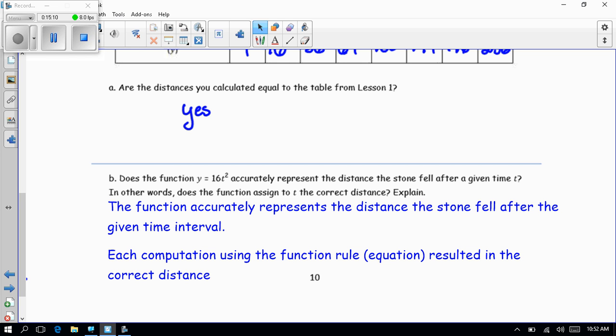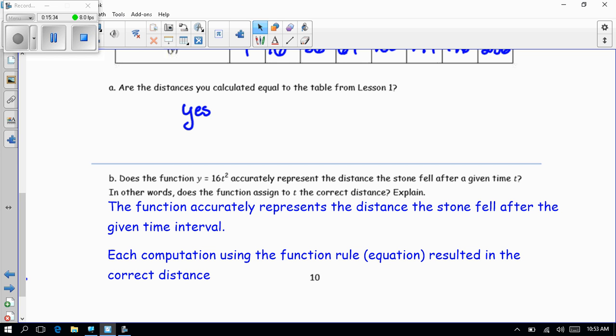And the correct distance was gathered while watching a stone falling and probably doing a slow capture and actually calculating the time that it took that stone to fall. And this is physics, guys. This is real world. People do things like this to figure out the physics behind things.